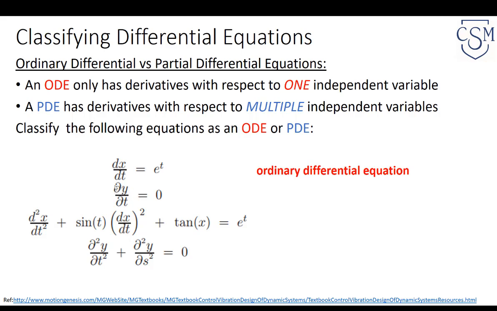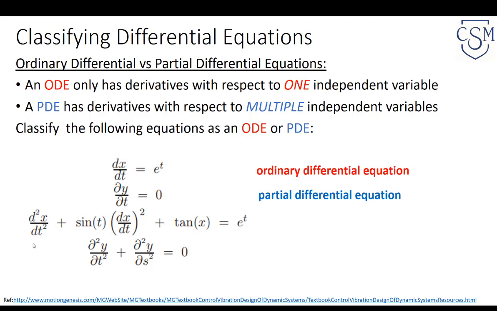The second equation is the partial derivative of y with respect to t. Since this is a partial derivative, there could be other partials, for example, the partial with respect to x. If it is a partial notation, then we expect this to be a partial differential equation.